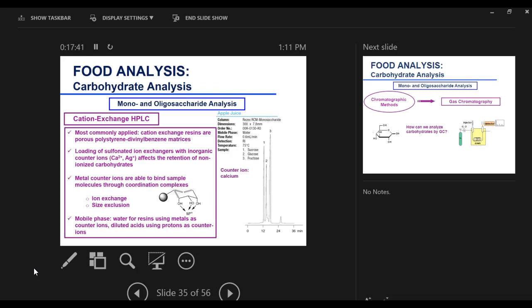Okay, it's a pentose, not a hexose. So you can use counter ions like calcium, for example, or you can use dilute acids where protons, the hydrogen ion, is the one that is forming coordination complex.